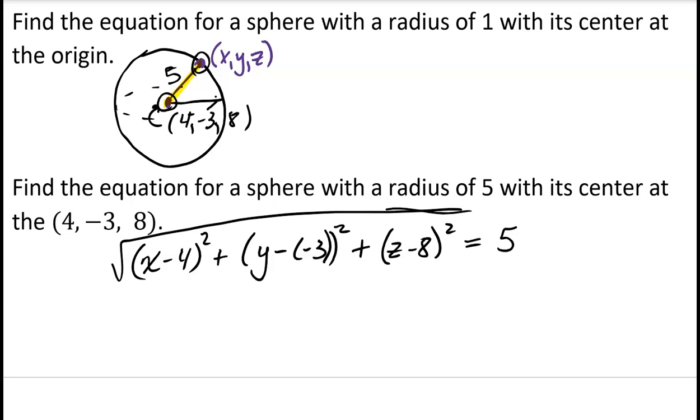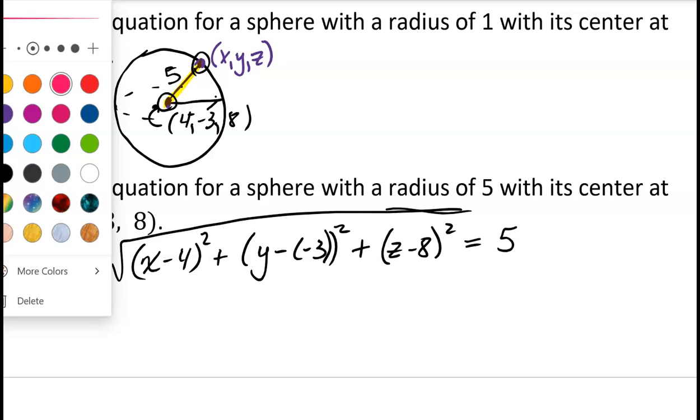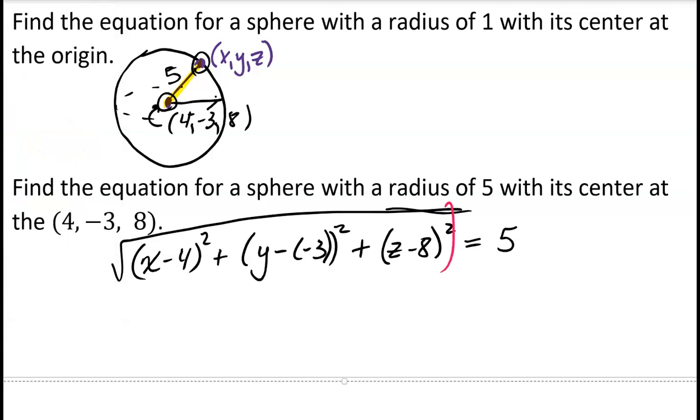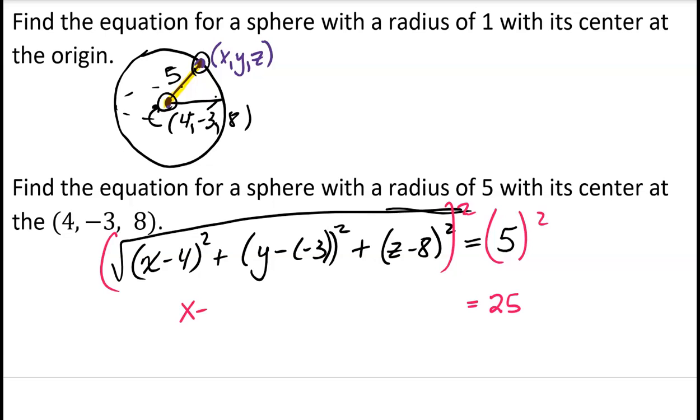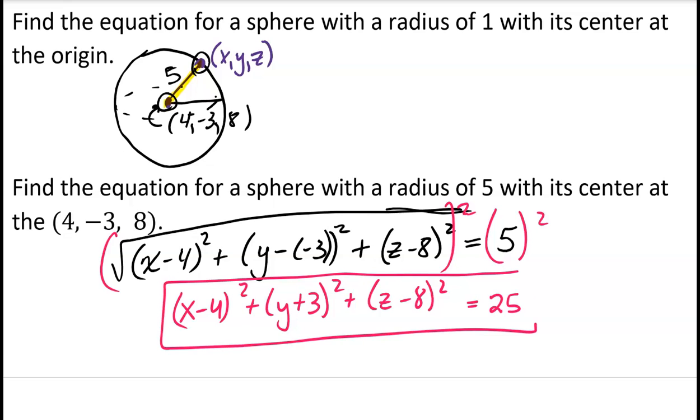Let's go ahead and square both sides. When I square both sides, my right side becomes 25, and my left side becomes x minus 4 squared plus y plus 3 squared plus z minus 8 squared. And this is the equation for a sphere with a radius of 5 with its center at 4, negative 3, 8.